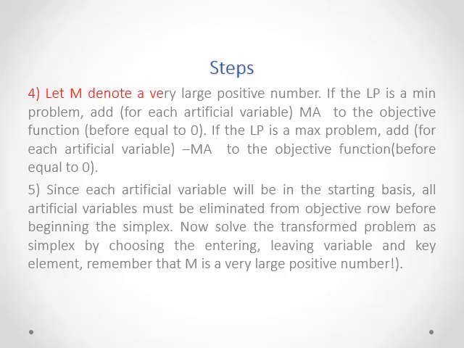Let M denote a very large positive number. If the LP is a min problem, add for each artificial variable MA to the objective function before equal to 0. If the LP is a max problem, add for each artificial variable negative MA to the objective function before equal to 0.